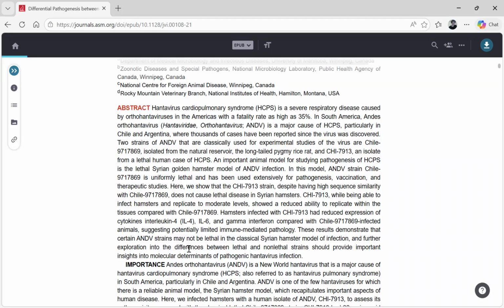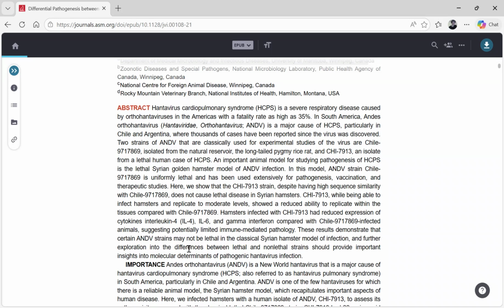CHI-7913, while being able to infect hamsters and replicate to moderate levels, showed a reduced ability to replicate within the tissues compared with Chile 9717869. Now, let me just interject here really quick.